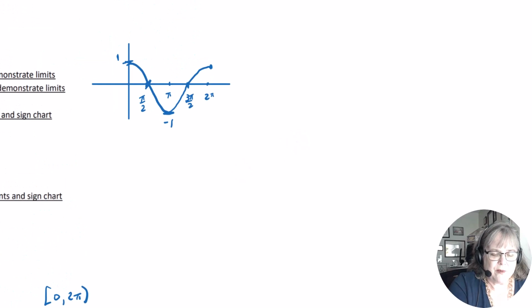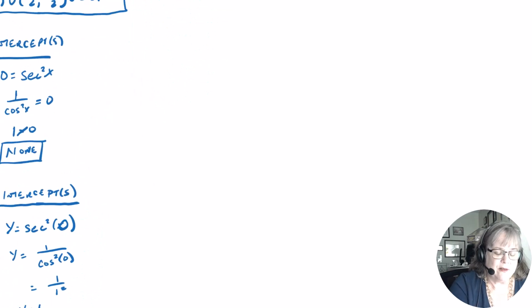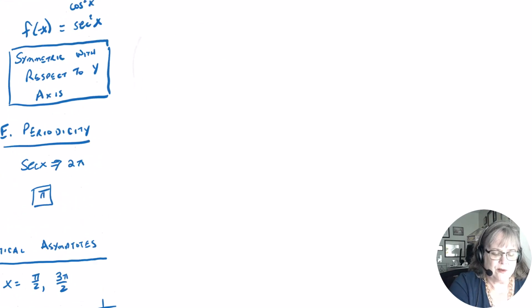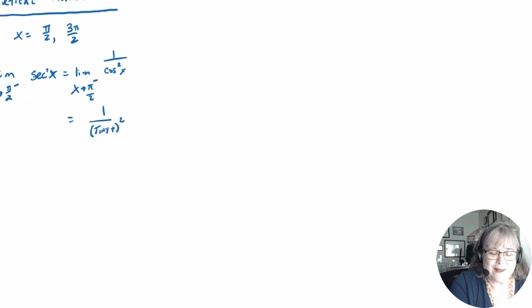Coming into pi over 2 from the left, you've got tinier and tinier positive numbers as you're getting closer and closer to 0. So this is going to be a wee little tiny positive. I actually say wee little tiny to students because it makes them smile. Then you square it, which makes it even tinier. So anytime you divide by a little bitty tiny number, you're going to get a huge number. So this turns out to be positive infinity.